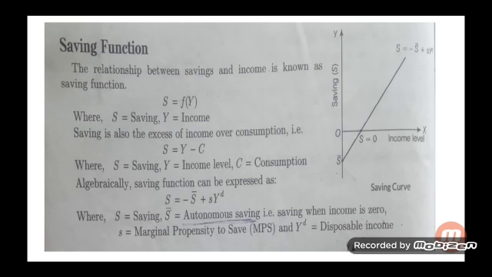You can see here the saving curve. OX axis contains the income level and OY contains the savings. Saving line starts from the negative axis of Y, that is Y dash, because here there is dis-saving.